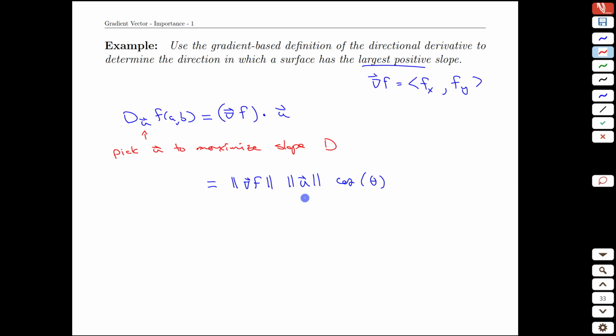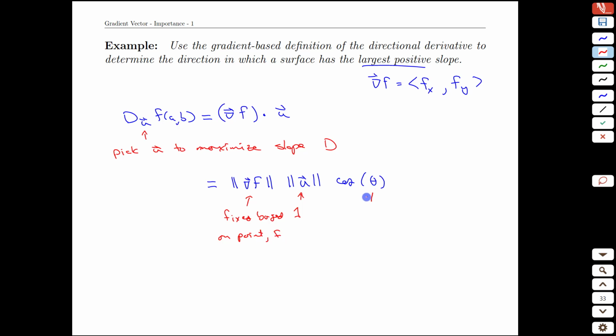Now one of these is just 1. The vector u that specifies the direction we said earlier has to be unit length. This gradient vector, it's fixed. It's whatever the x derivative is and the y derivative is as a package. So fixed based on the point and the function f.